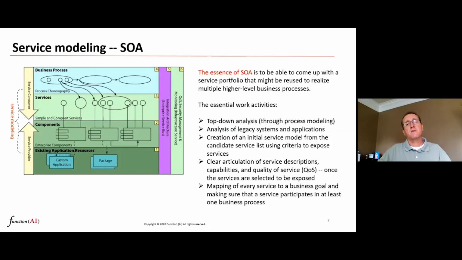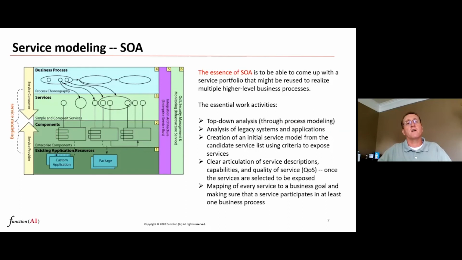Having this documented and standardized from a top-down analysis that you do on a continuous basis, so that you're not waiting for a project to come in to execute on this, but that you have this high-level look, that you have the analysis of your legacy systems and applications already in place, ready to go, and that creation of an initial service model from the candidate list is available.